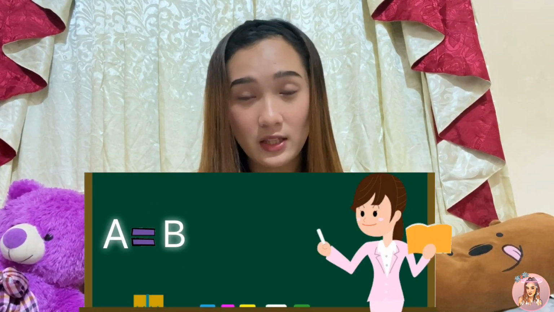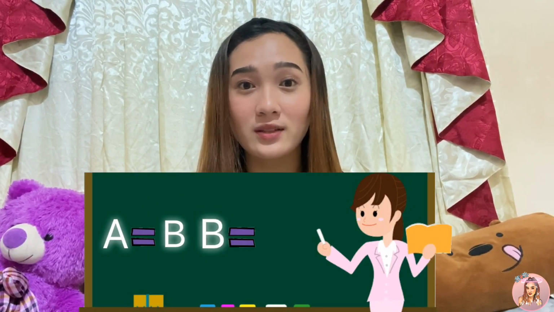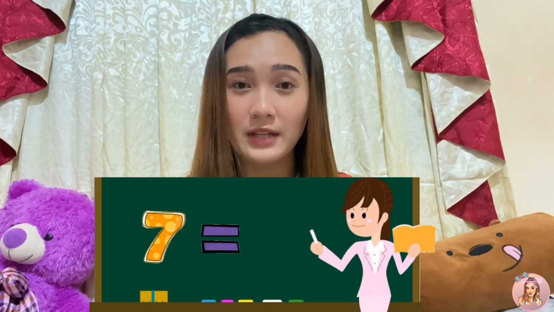Next is the symmetric property. If A equals B, then B equals A. For example, if the equation states 7 equals x, then we can change it to x equals 7. This is the symmetric property.